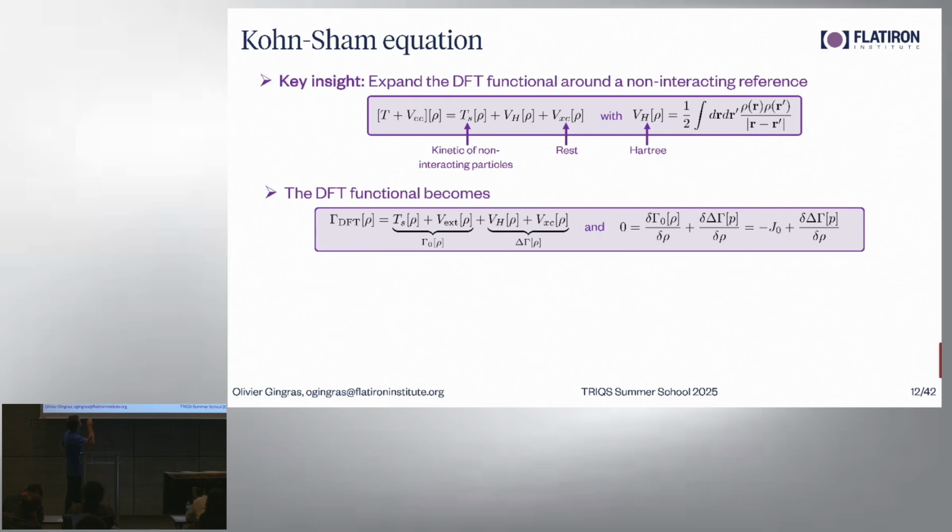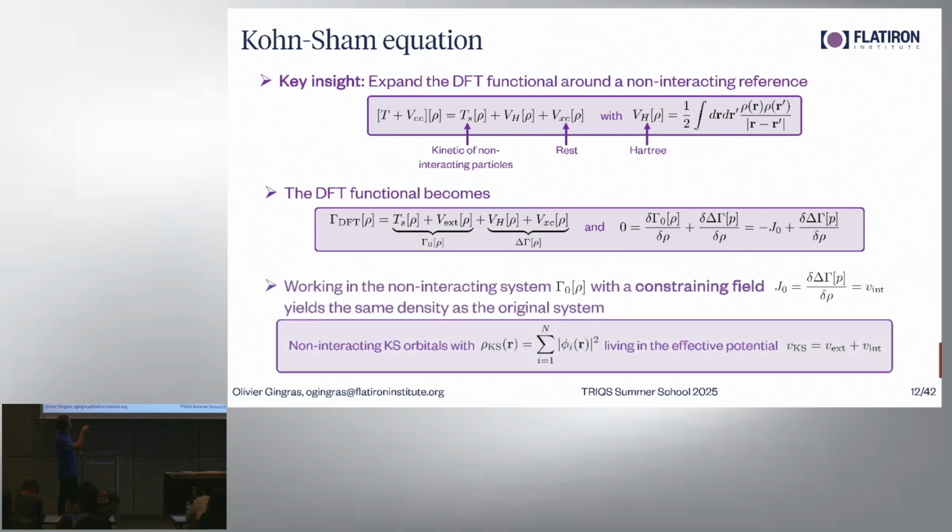Now again, the stationarity of this whole thing for the physical system gives you that the functional derivative is 0, and breaking it down, you find that there's also a source term that couples to these things, which you don't necessarily know, but you can derive it because of the stationarity relationship as being this interaction potential.